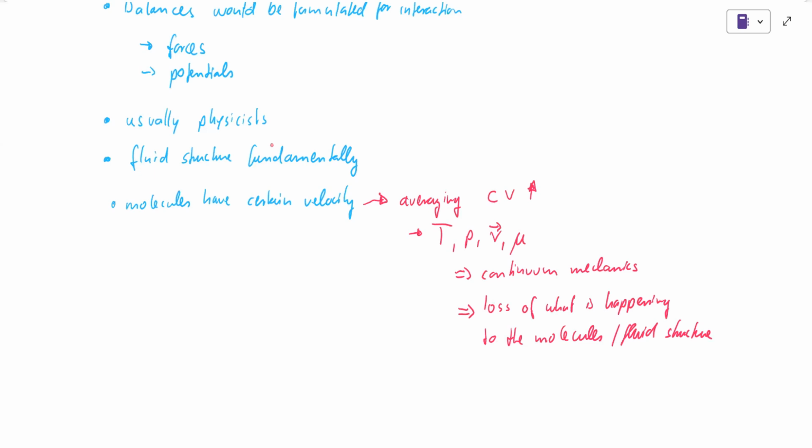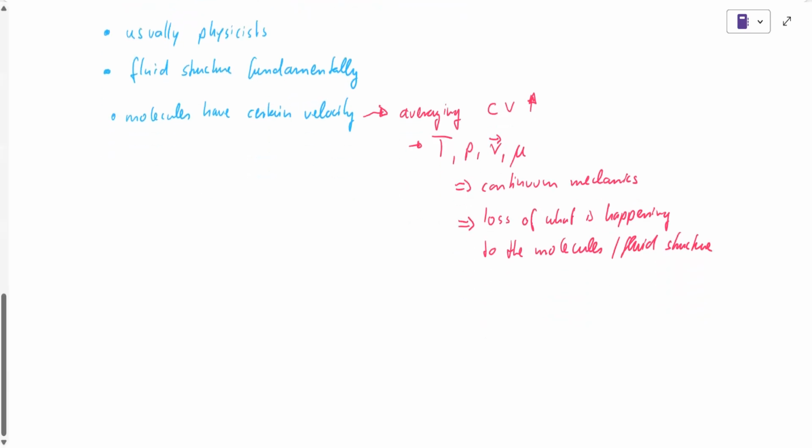So we do not have a region in which the phases change, for example, from fluid to gaseous phase. But in the continuum mechanics, we have a free interface. On the one side, we have a fluid or liquid, and on the other side, we have a gas. Okay, so then, of course, we lose everything that happens in small structures of the fluid, for example, in the interface or the phase change region.